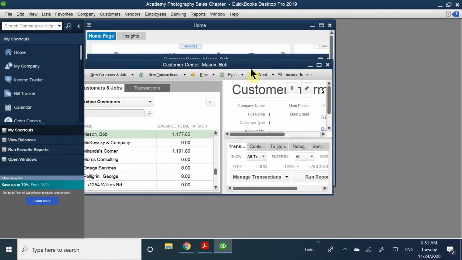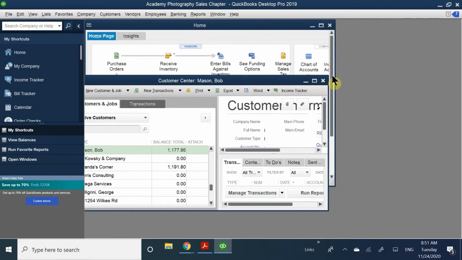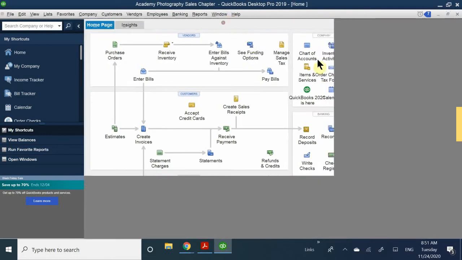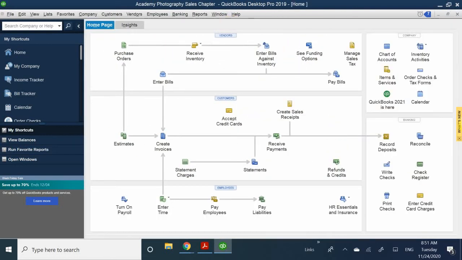All right, so now the first thing that we're going to do is we're going to enter in a customer. But let's go ahead and explore how many ways we can get to the customer center. There are 3 ways you can get to the customer center.